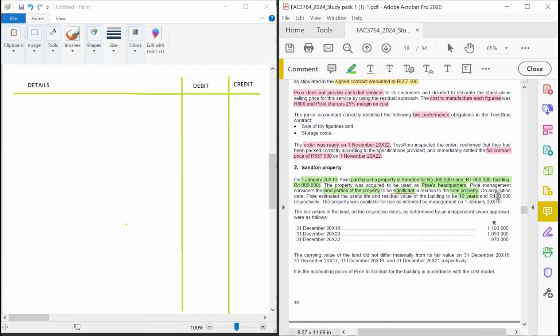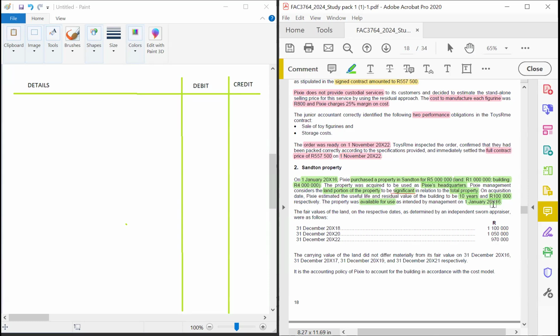When we calculate depreciation, we have to remove the residual value first before we can calculate depreciation. They are also telling us that the property was available for use as intended by management on the 1st of January 2016. This is the date we can start to depreciate.